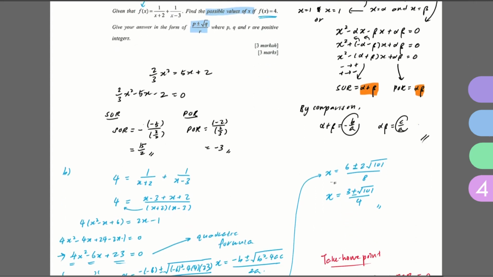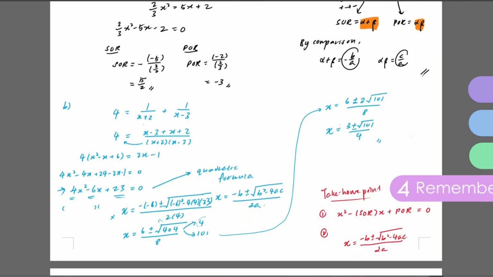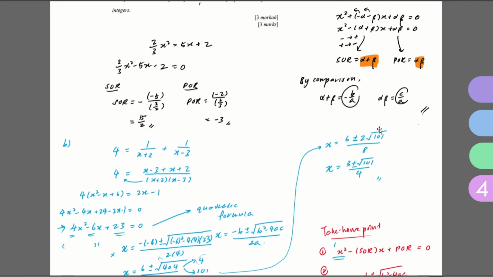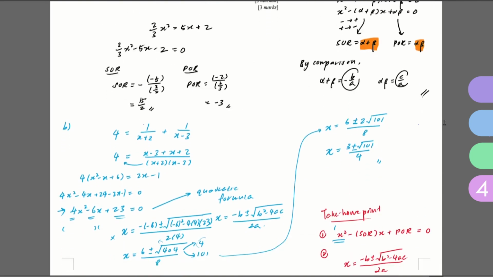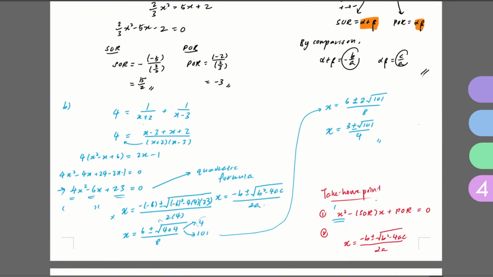The take home point for this video would be, to find our SOR and POR, make sure the coefficient of x squared is 1. If it's not, we need to do the same thing we did here, which is to divide the whole equation by the number. And remember, to find the SOR, make sure positive changes to negative, and negative changes to positive.